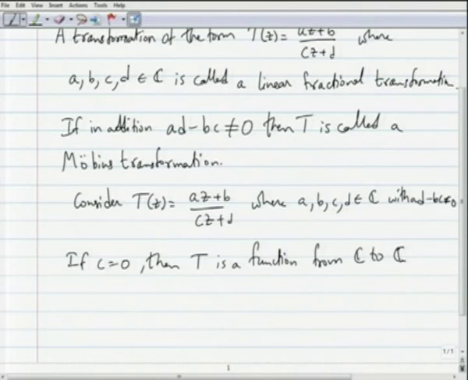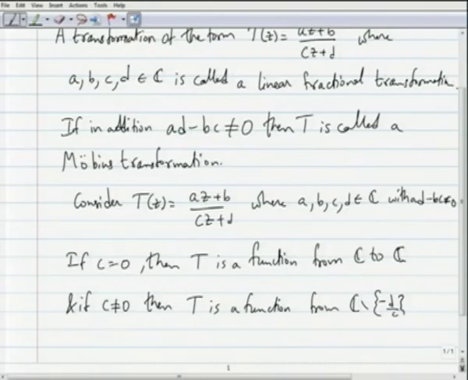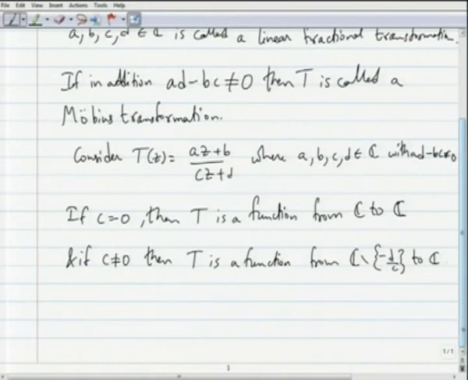And if c is non-zero, then it has to miss a point: the function T is defined on C minus the point minus d by c, because at minus d by c the denominator in the function has value 0. So, it is sort of a split case here.